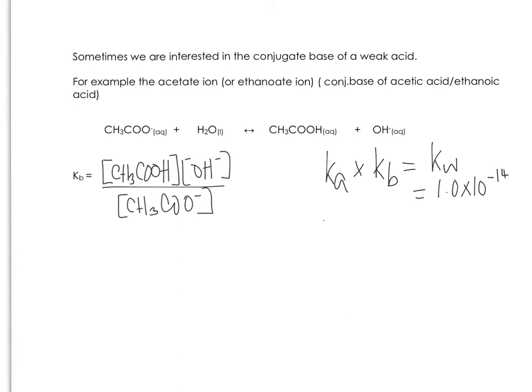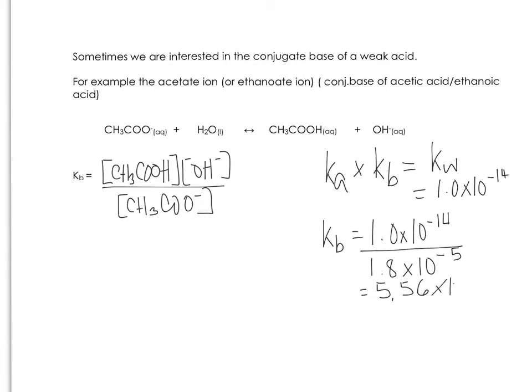So in this case, the Kb is going to be equal to 1 times 10 to the negative 14 divided by 1.8 times 10 to the negative 5. So the Kb value is 5.55 repeated, or 5.6 times 10 to the negative 10.